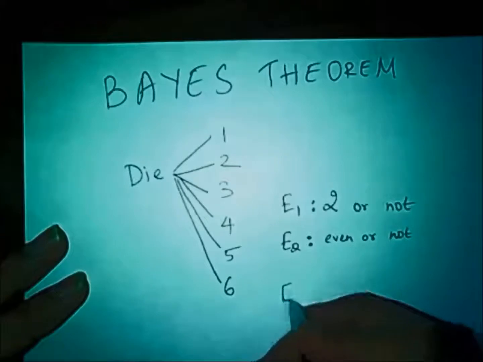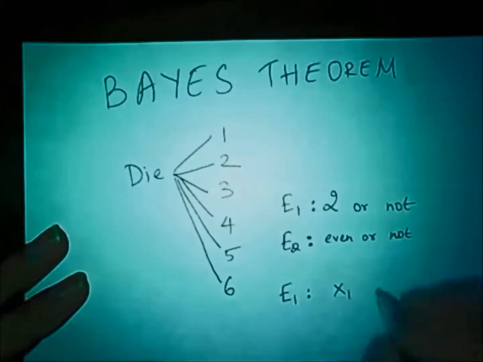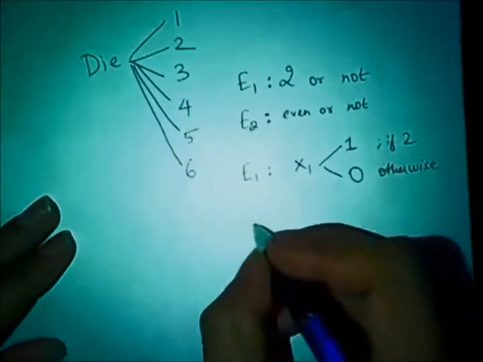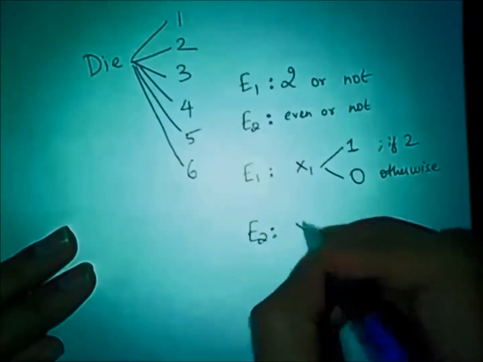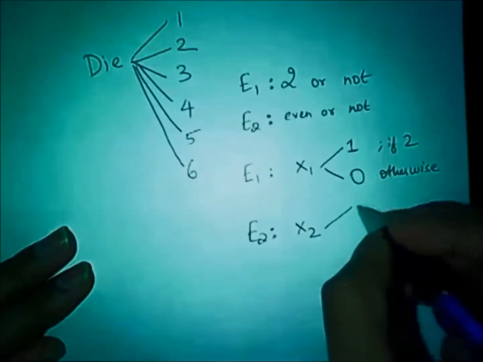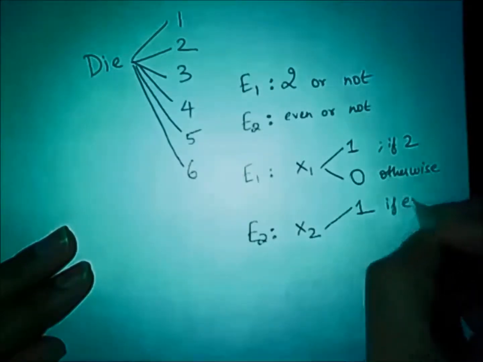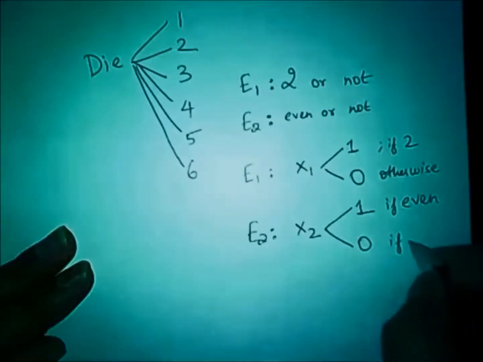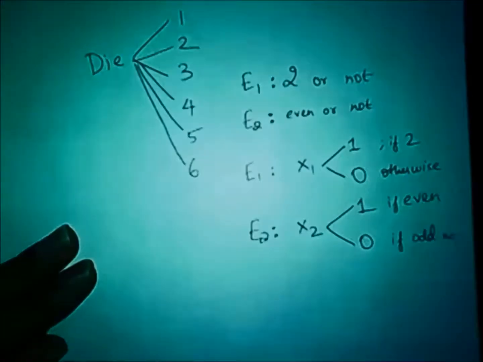So E1 would be represented by a random variable x1, which would be 1 if I get 2, and it would be 0 otherwise. Similarly, E2 would be a random variable that's defined by x2, which would be 1 if I get an even number, and it would be 0 if I get odd number. So let me assume that I've thrown the die twice.